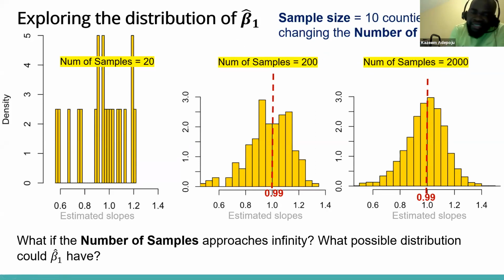It's the same data set that I'm using, only that because I'm choosing at random, the counties that feature in one particular sample may be different from the ones that feature in another. And that is the reason why the computed value of beta 1 is going to be different from simulation to simulation.